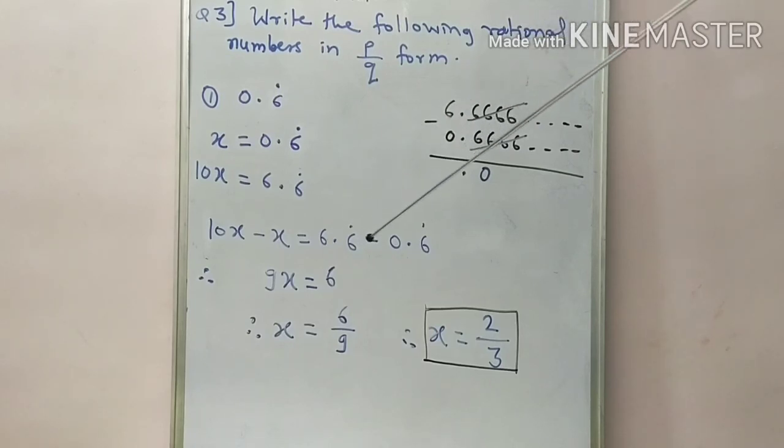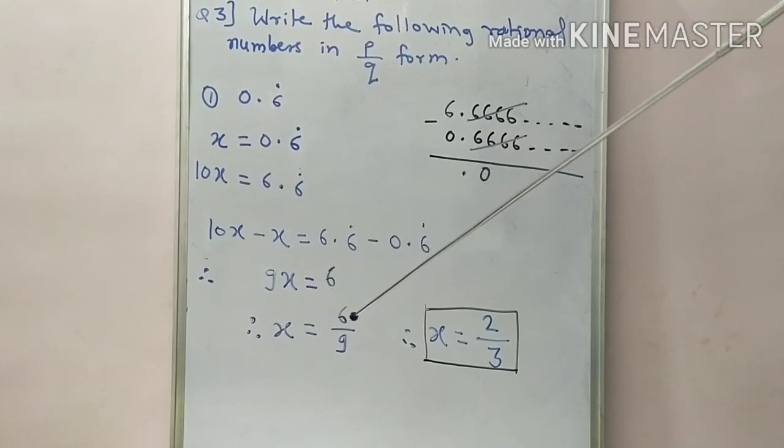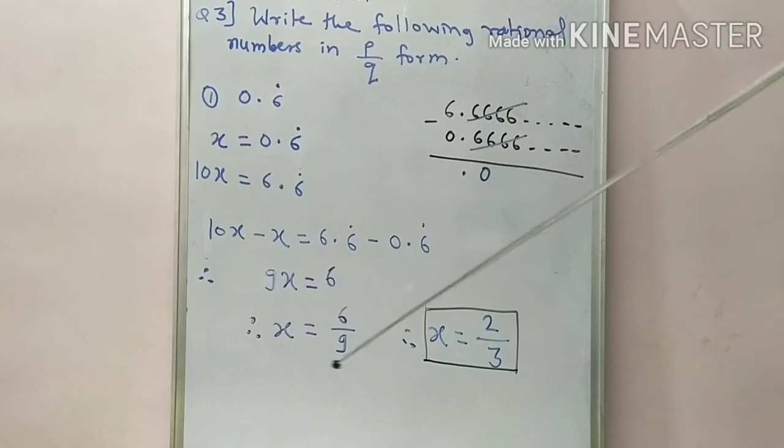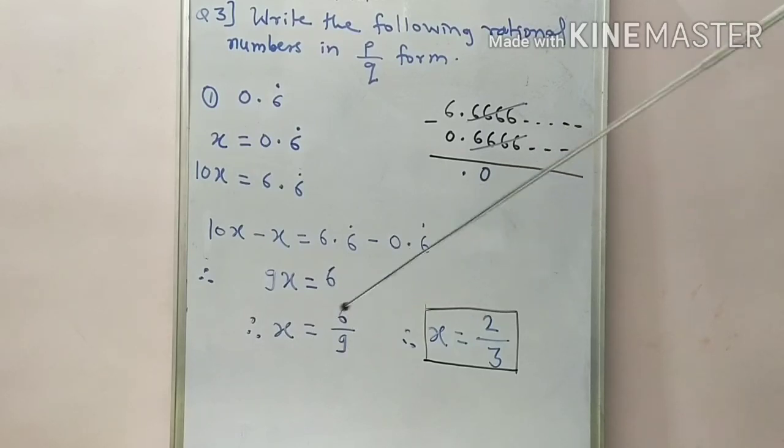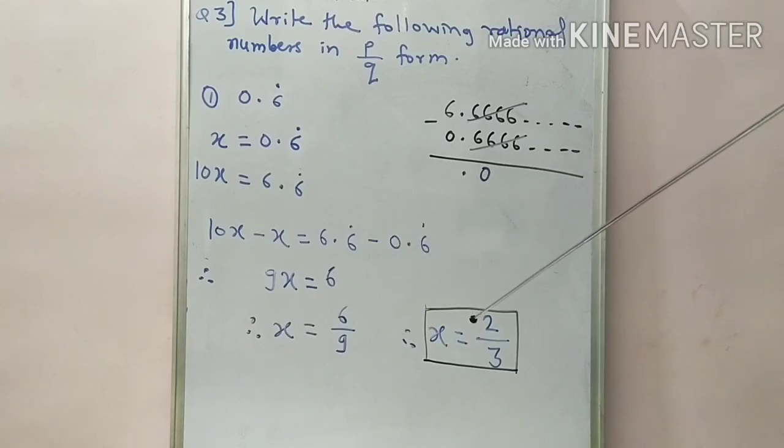So 6 minus 0, the answer is 6, and hence x is now 6 upon 9, and x means the given decimal form rational number. Here we convert it into P upon Q form, and if it has a simplest form, then write down the simplest form, like here 2 upon 3. This kind of example comes in the exam for 2 marks. Okay students.